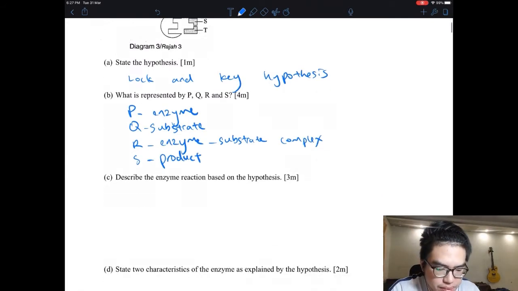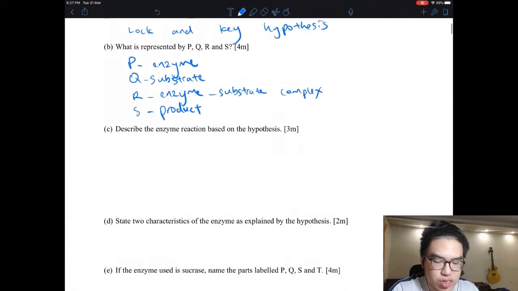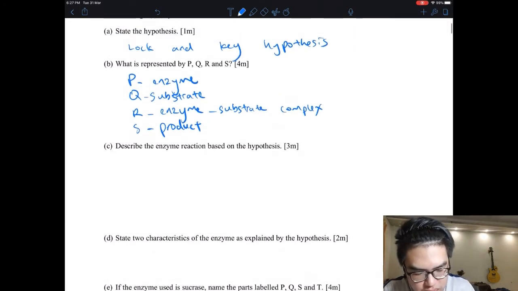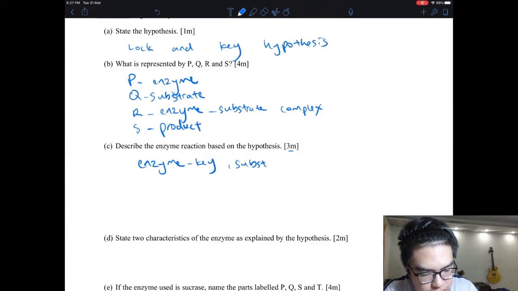C. Describe the enzyme reaction based on the hypothesis. So 3 marks here. So the enzyme is the key. Sorry, the enzyme is the lock, my mistake. The substrate is the key.